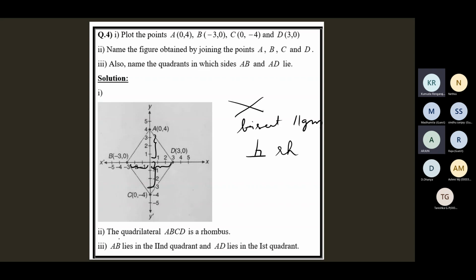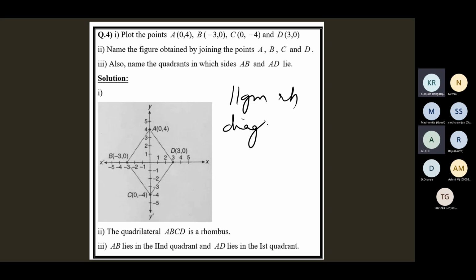It's not a square or a rectangle because in both square and rectangle, the diagonals are equal. Here we can see that the diagonals are unequal. Only in a parallelogram and in a rhombus, the diagonals are unequal. In both rectangle and square, the diagonals are equal.